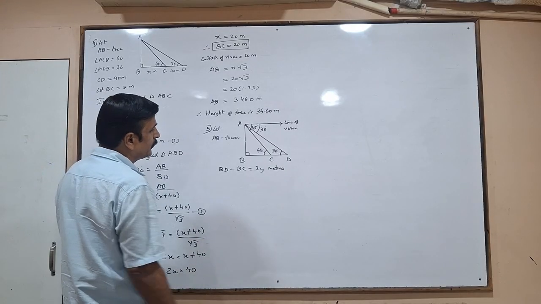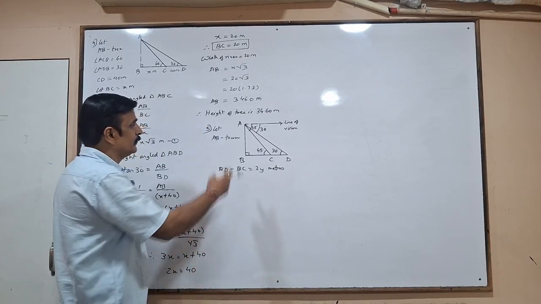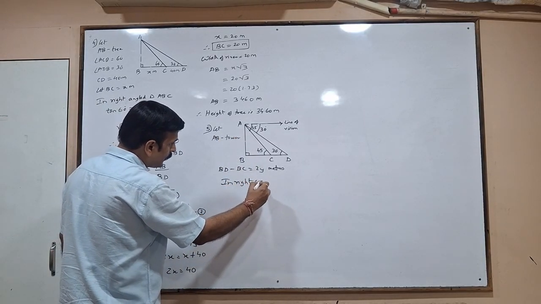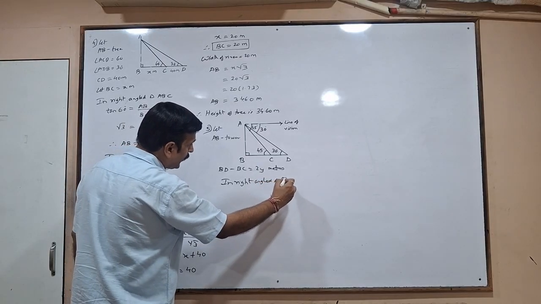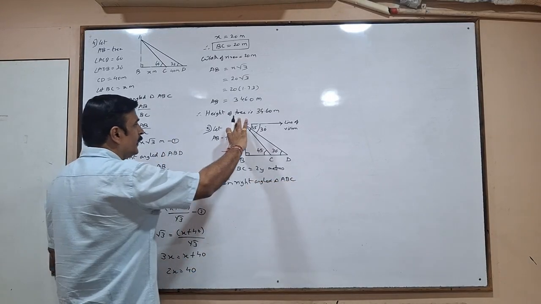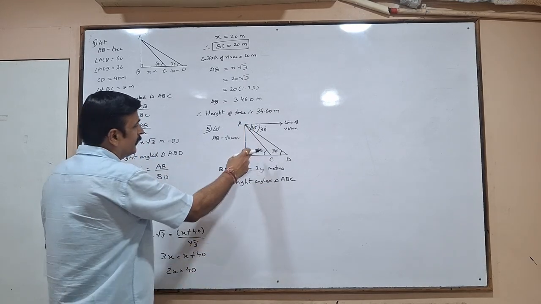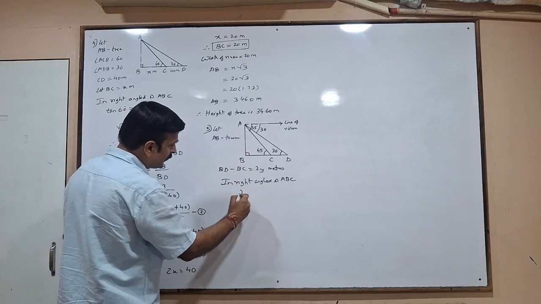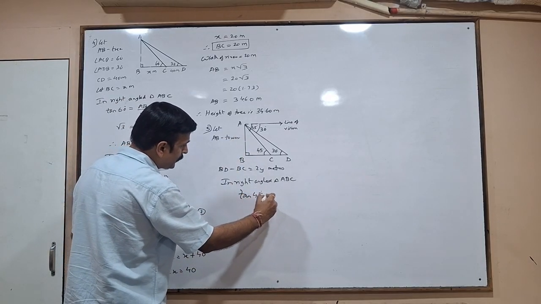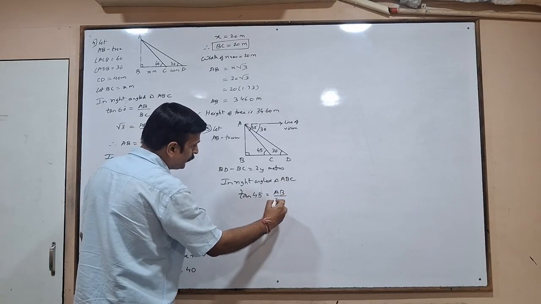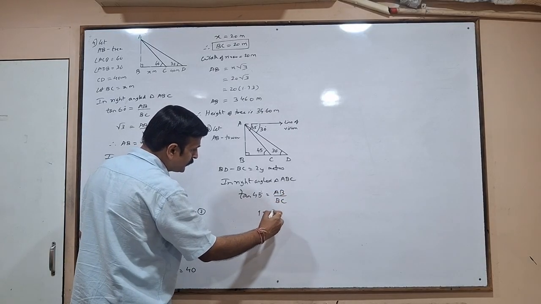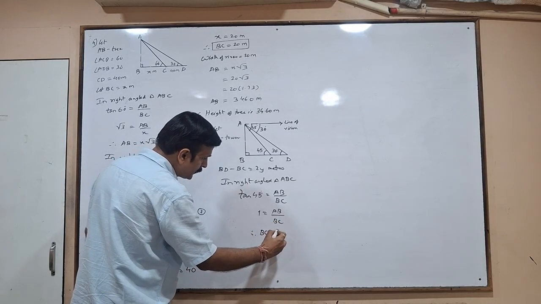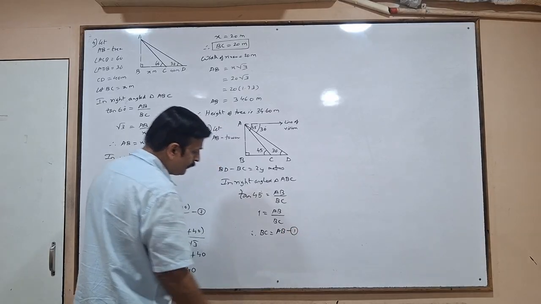We want to calculate the height. So in right angle triangle ABC, AB is a common side, 45 is given. I am interested in BC, so obviously I'll go for tan 45 is equal to AB upon BC. Tan 45 is 1, so BC is equal to AB.